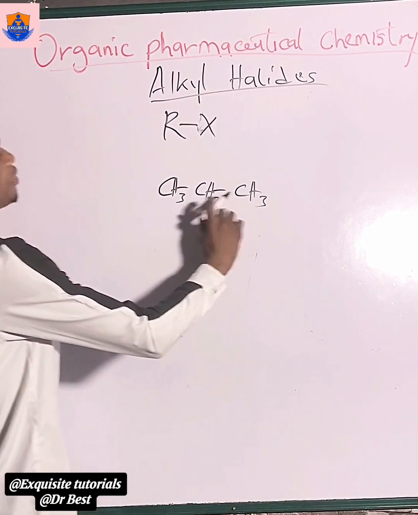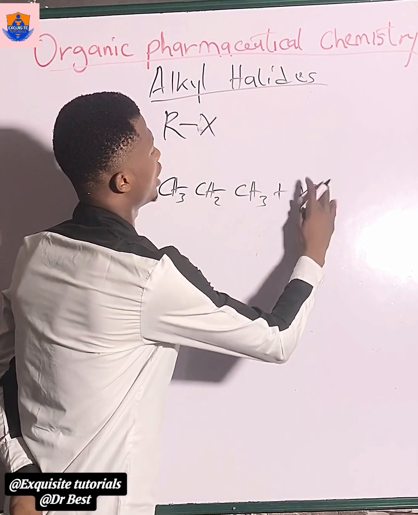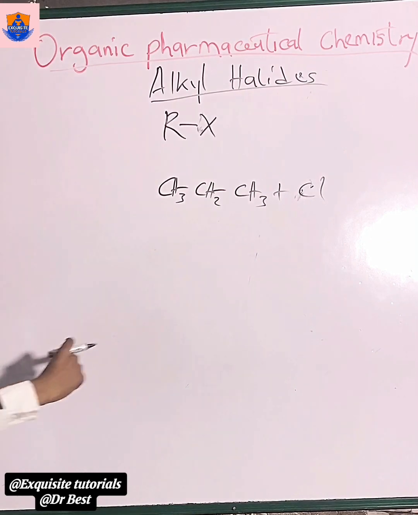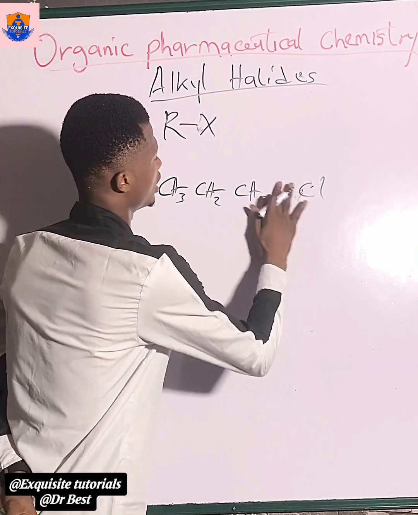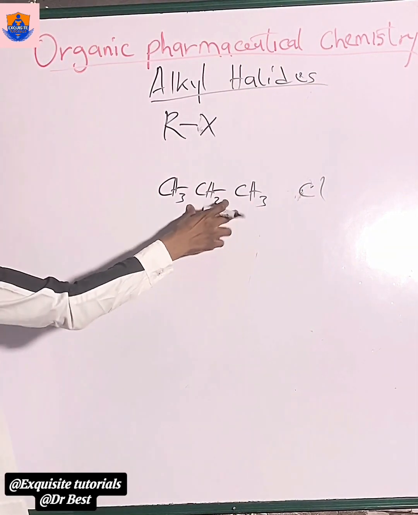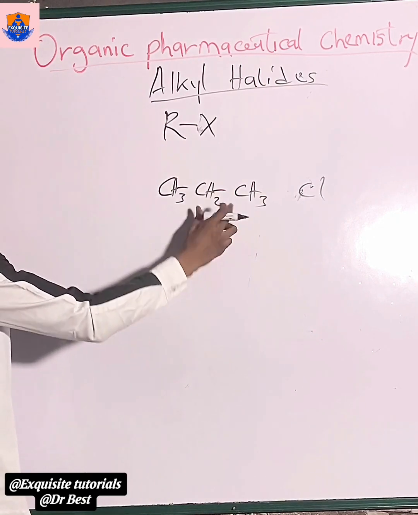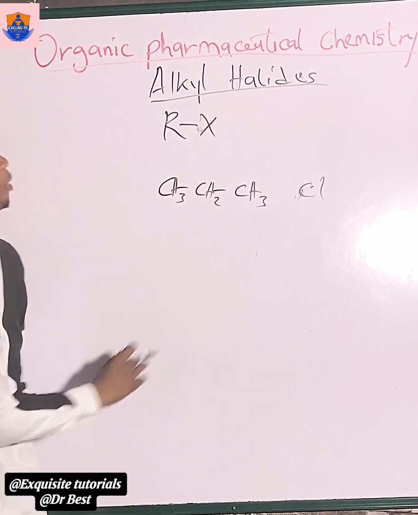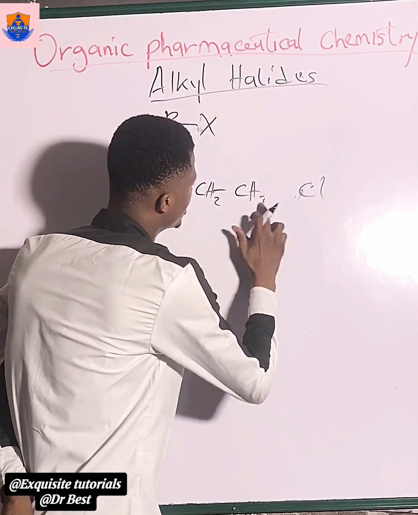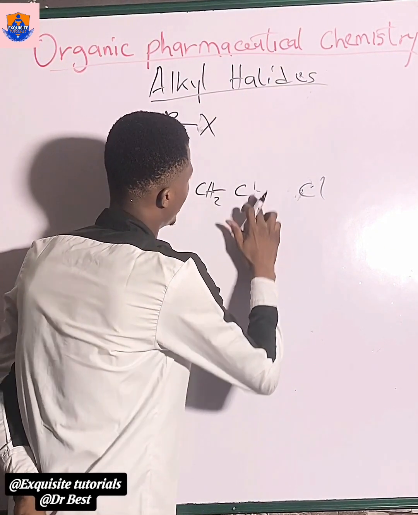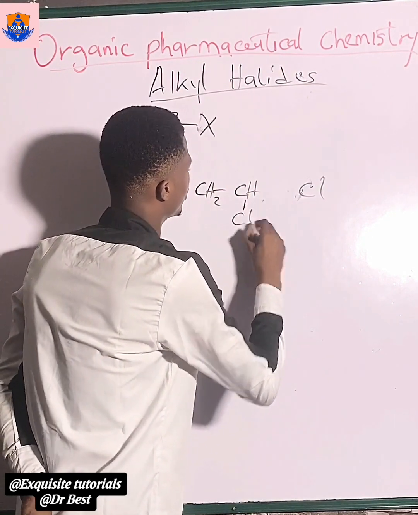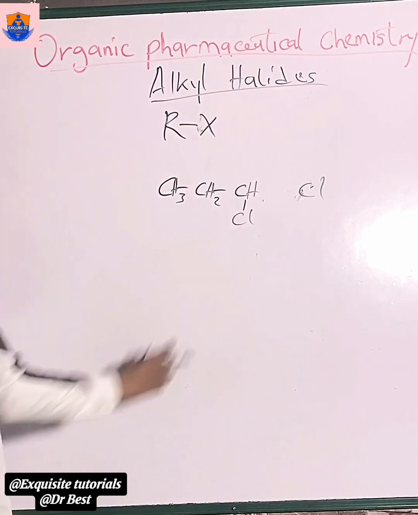Now let's say you have a halogen, for example chlorine. This is an organic compound, propane, from the alkane family. This is your chlorine, a halide. By the time you replace one of these hydrogens and bring in a chlorine here, it becomes an Alkyl Halide.